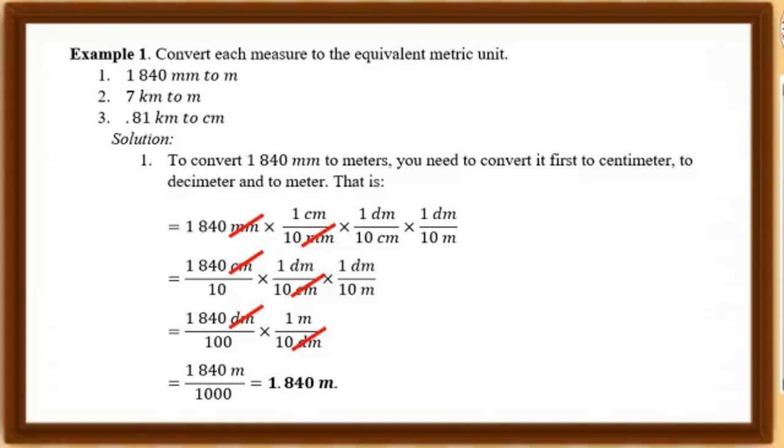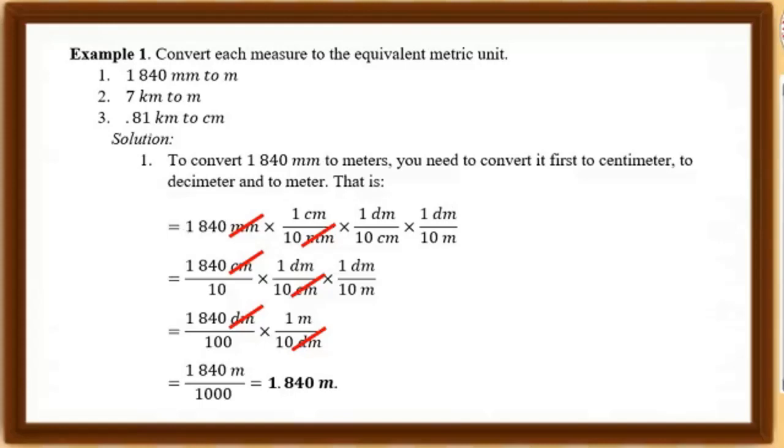So now, let us convert it. For 1,840 millimeters, we're going to multiply it to find the centimeters. So we're going to use 1 centimeter over 10 millimeters. So 1,840 times 1 centimeter is equivalent to 1,840 centimeters over 10. Then we cancel the unit millimeter.